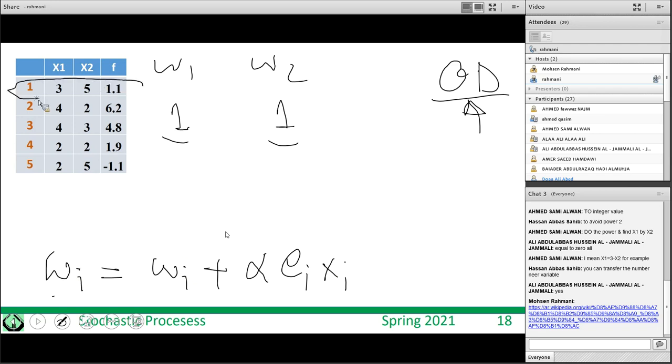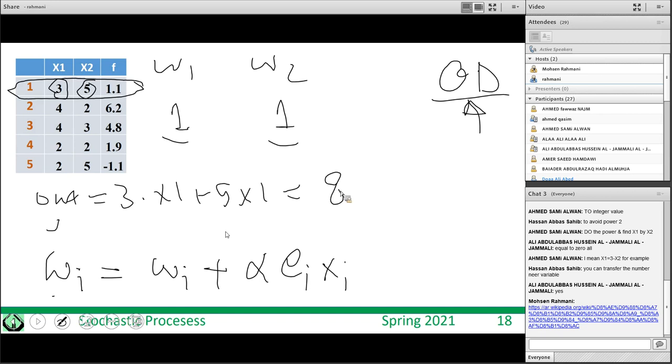For example, in the first row, if I use 3, 5 as input, the output is 3 times 1 plus 5 times 1. This is 8. And what is the error here?